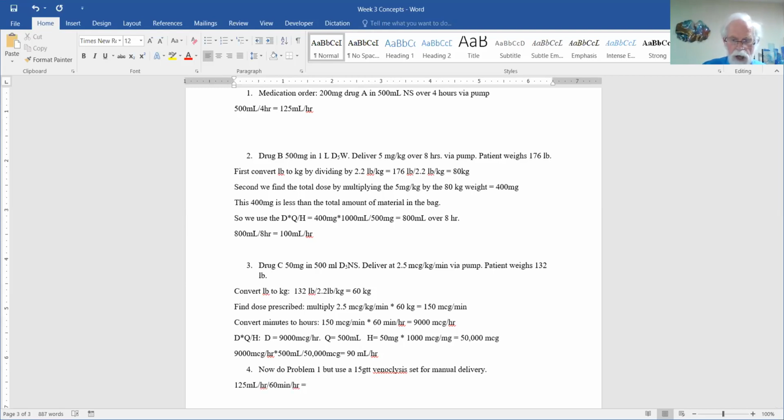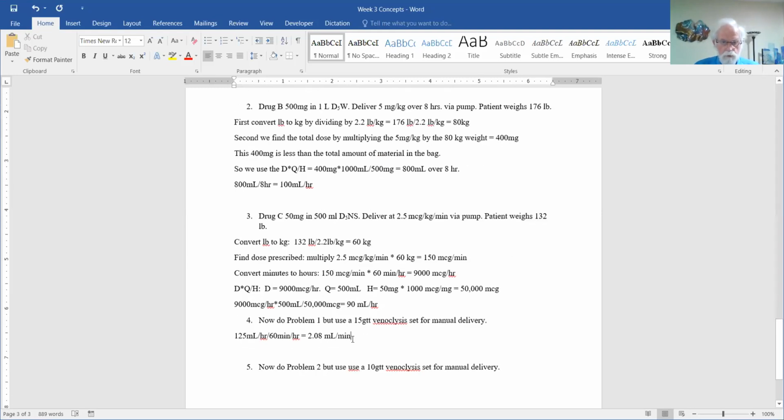So if we do that calculation, we find that this is 2.08 milliliters per minute. So now we have everything we need to do the rest of this problem.